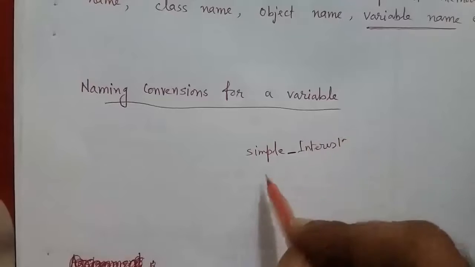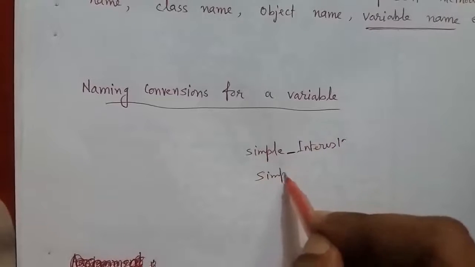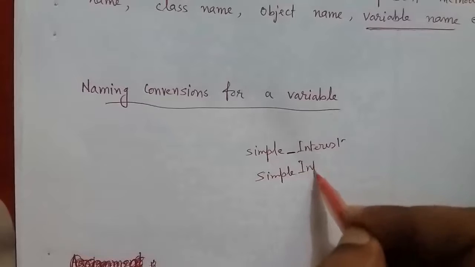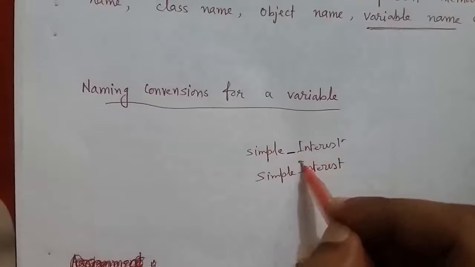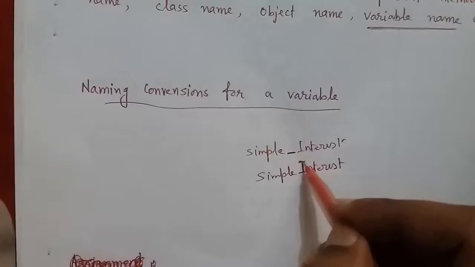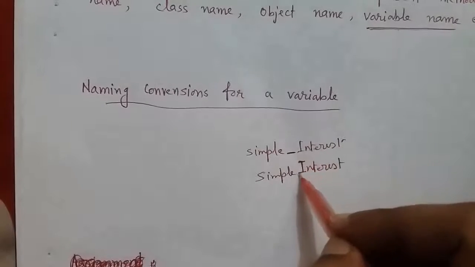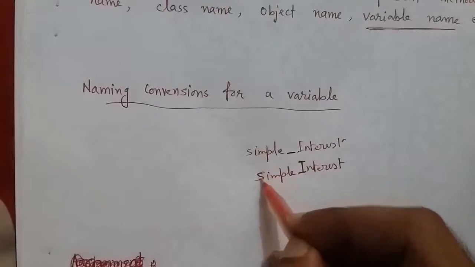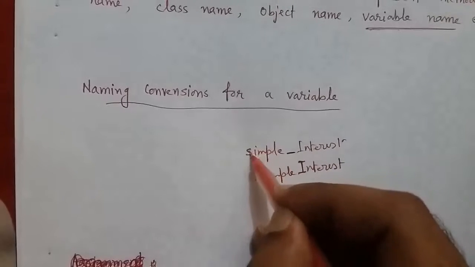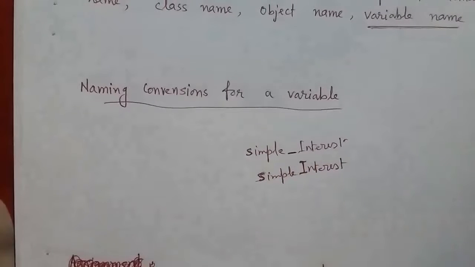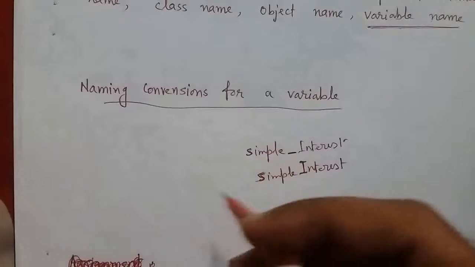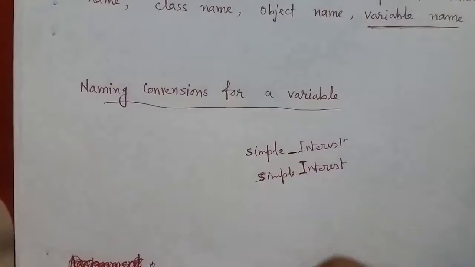Also you can write like this, simpleInterest. This is known as camel case, where the inner word must start with a capital letter and the first letter should be small. The first letter of a variable name should be a small letter. And the next one is the variable name should be meaningful, which easily depicts its purpose.